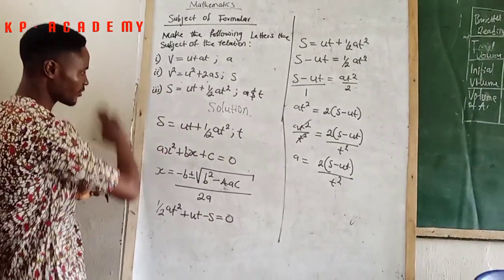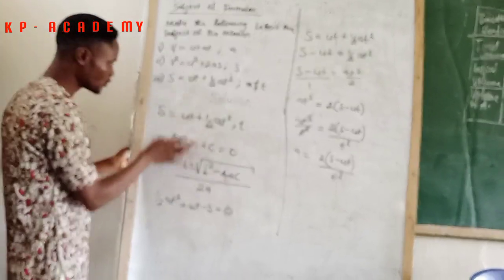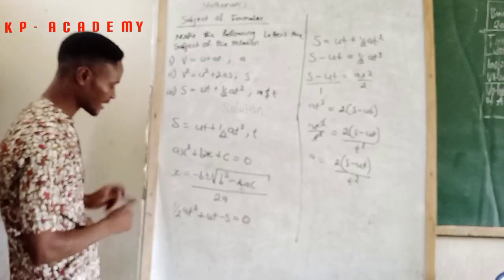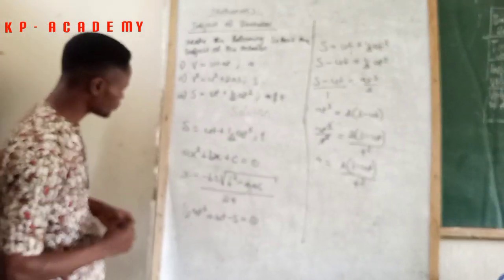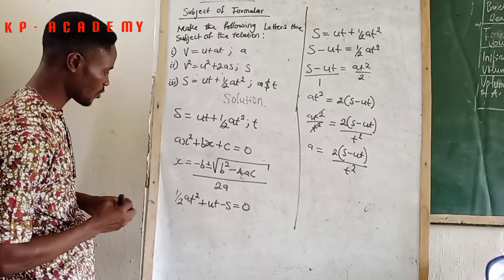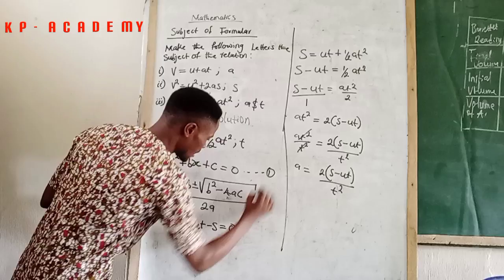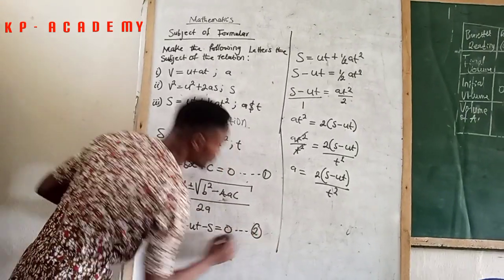Every other thing, this one is already on it. So trying to make this be in this form, I will have half a t squared plus ut minus s is equal to 0. Now I may call this equation 1, and I will call this equation 2.